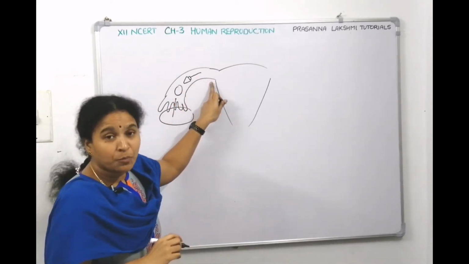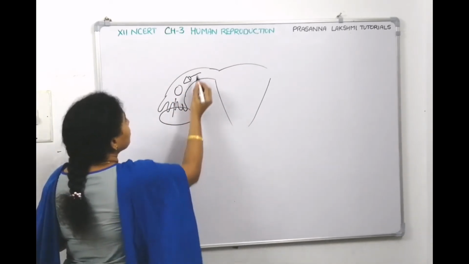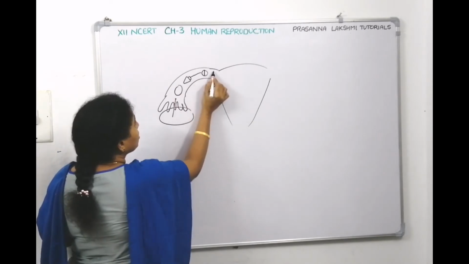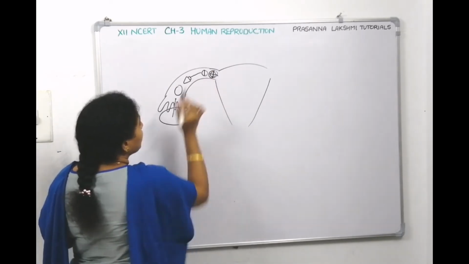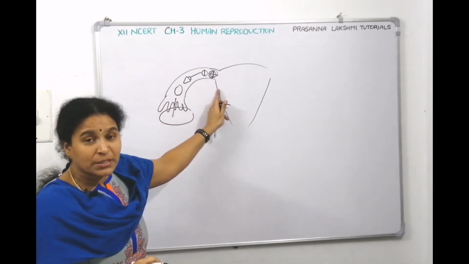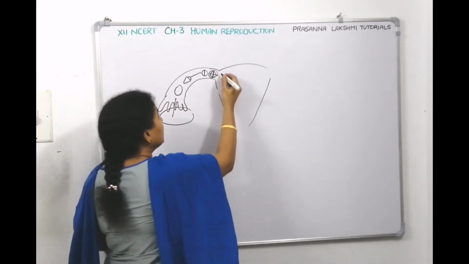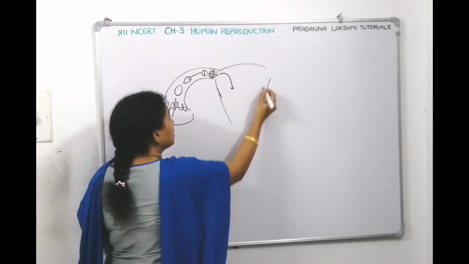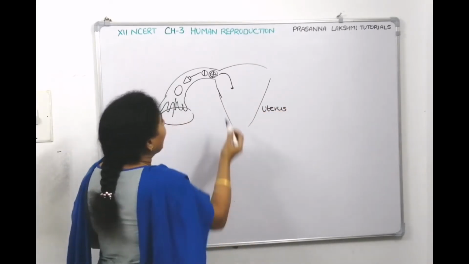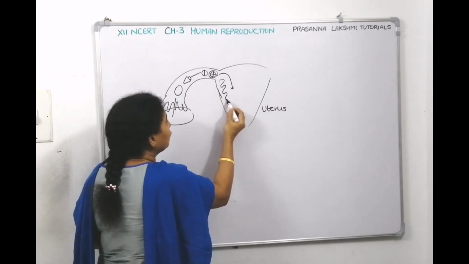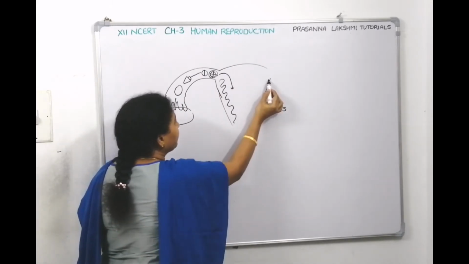Fertilization happens in the fallopian tube. After fertilization, cleavage, 2-cell stage, 4-cell stage, 8-cell stage happens inside the fallopian tube itself. After that, it starts descending down into the pear-shaped structure. What is this? Uterus. It descends into the uterus, and the uterus has an inner lining, a folded layer called endometrium.